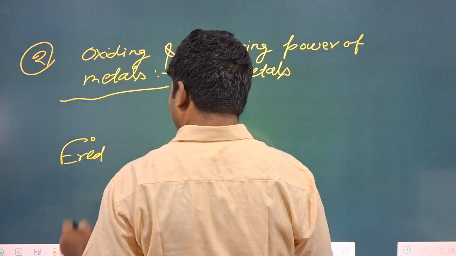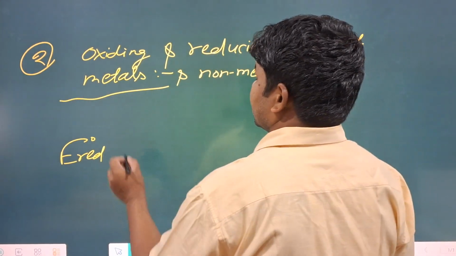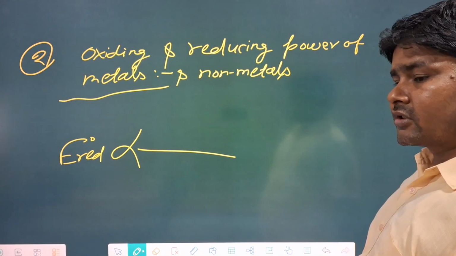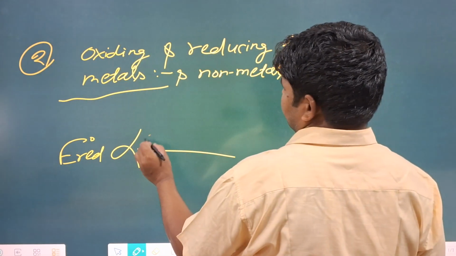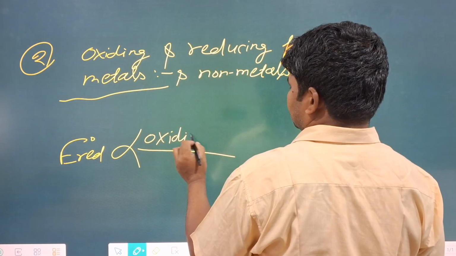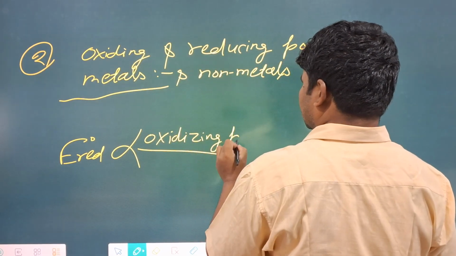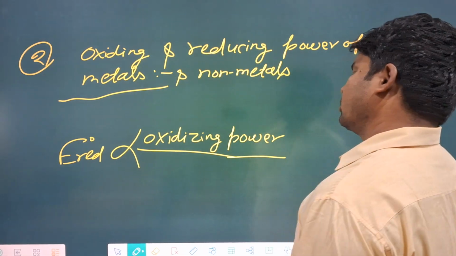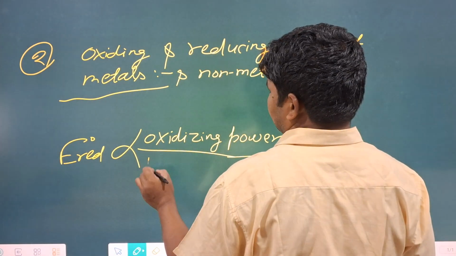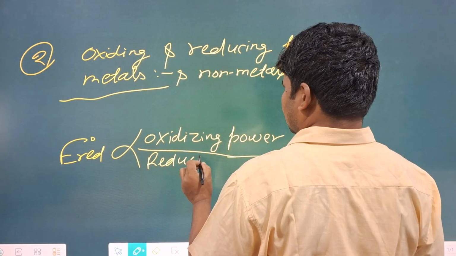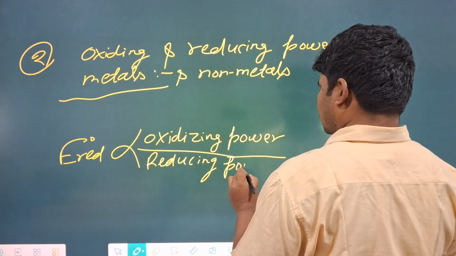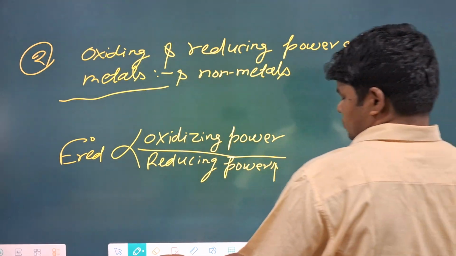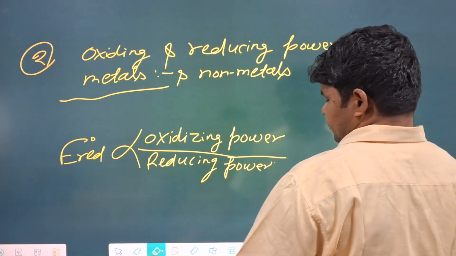standard reduction potential. In the series, if the value of standard reduction potential increases, then the oxidizing power of metals increases, while reducing power decreases.